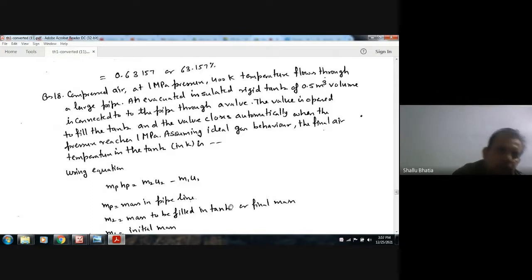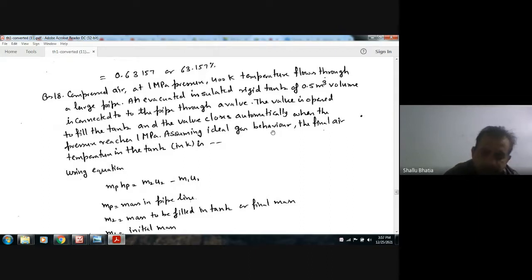Okay. So here 1 MPa pressure and 400 degrees Kelvin temperature are the flowing pressure and flowing temperature, the flowing gas temperature. And the volume of the tank is 0.5 meter cube. And you have to fill the tank till the pressure reaches 1 MPa.